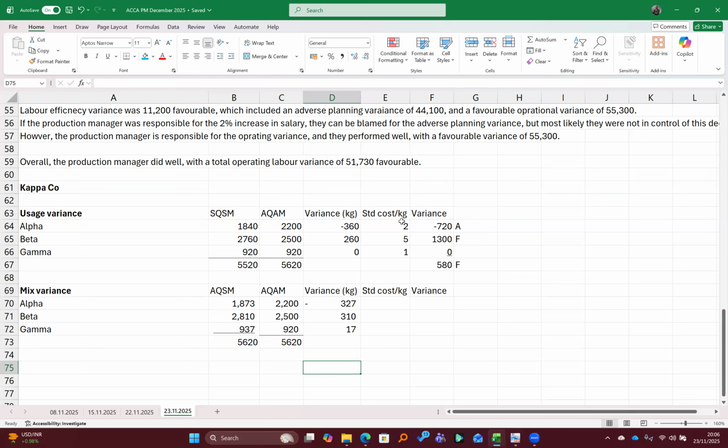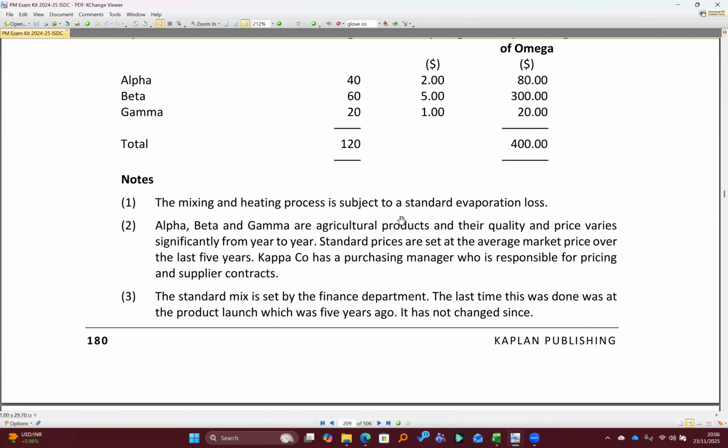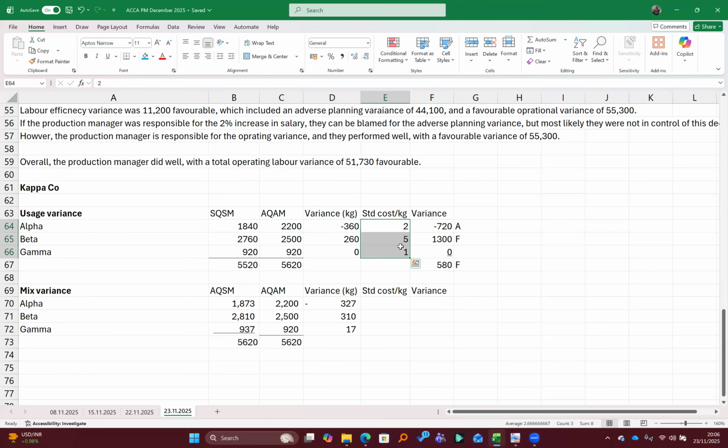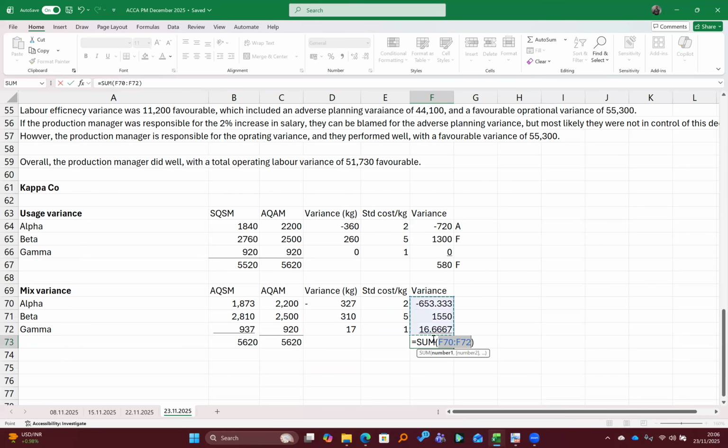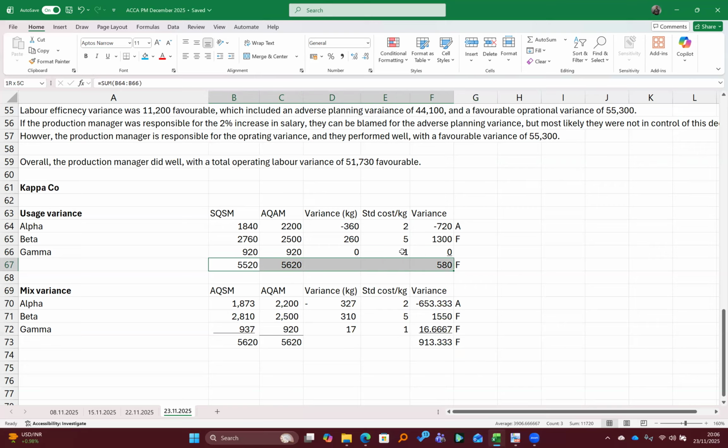Then the standard cost, of course, we can still bring the standard cost of 251, and then get the variance. When you add, this one is adverse, this one is favorable, and this one is favorable, and the total is also favorable. So that is the materials mix variance.